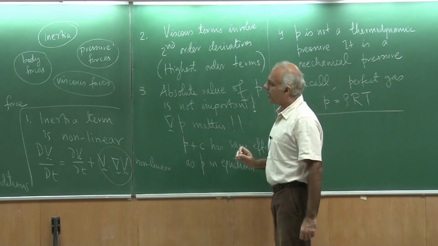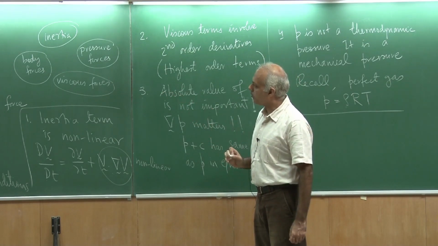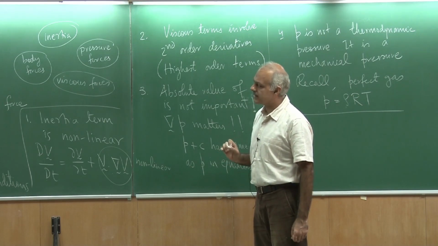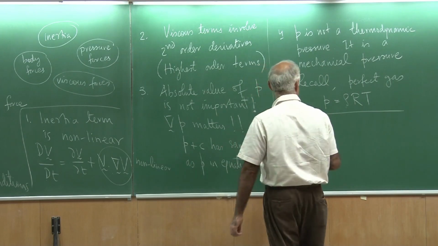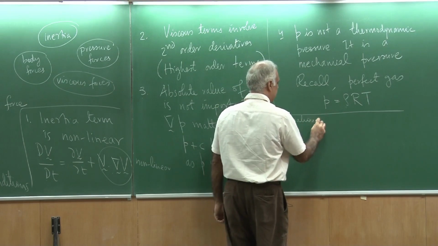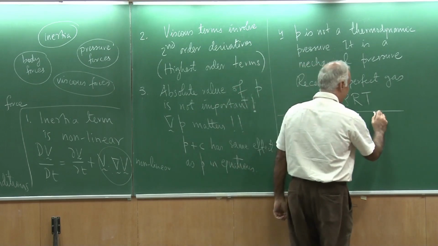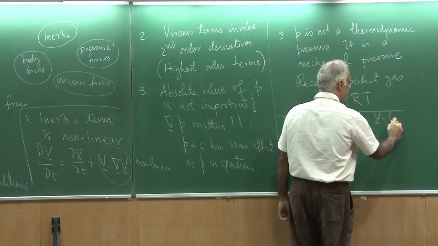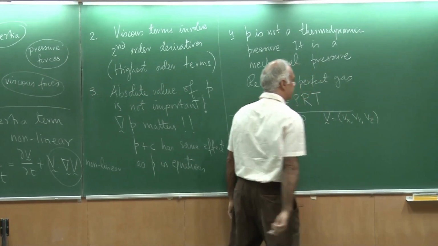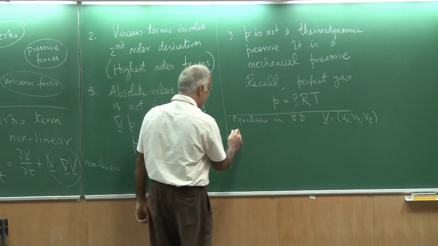I would now like to expand these equations and then show you what they really look like. So let us take these equations and see how they look in 3 dimensions. So equations in 3 dimensions. I am going to say that my velocity field V has these components Vx, Vy and Vz. My first equation is the continuity equation.